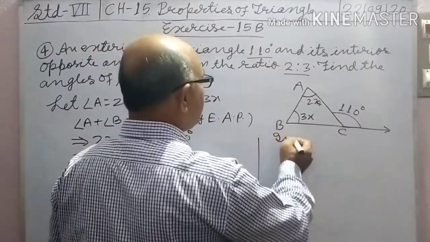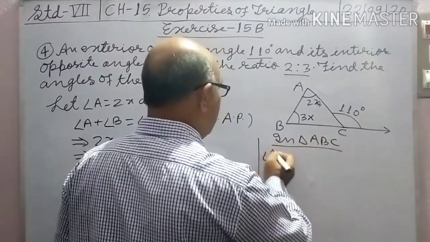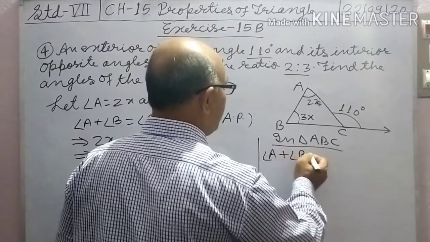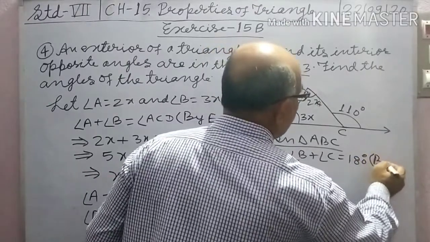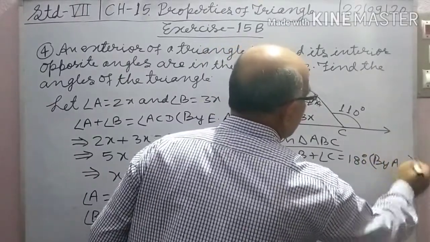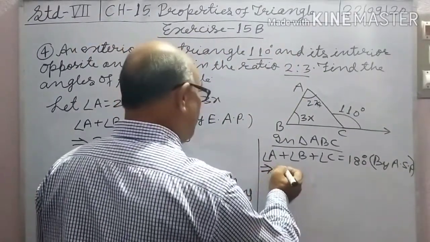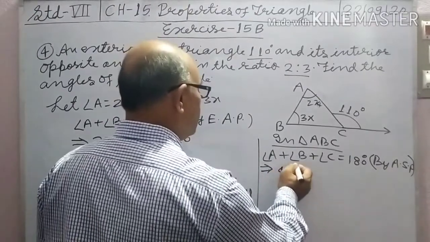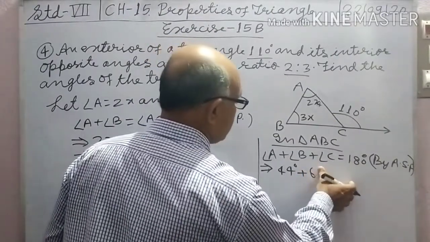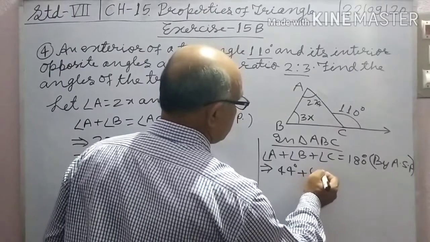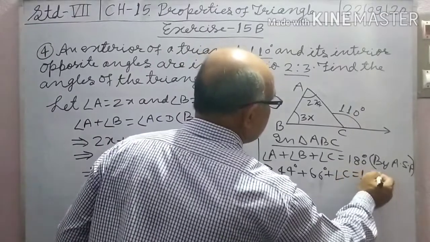Now in triangle ABC, angle A plus angle B plus angle C equal to 180 degree by angle sum property. That implies angle A equal to 44 degree, angle B equal to 66 degree, plus angle C equal to 180 degree.